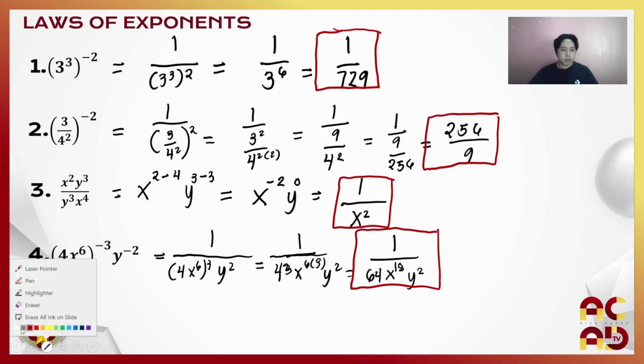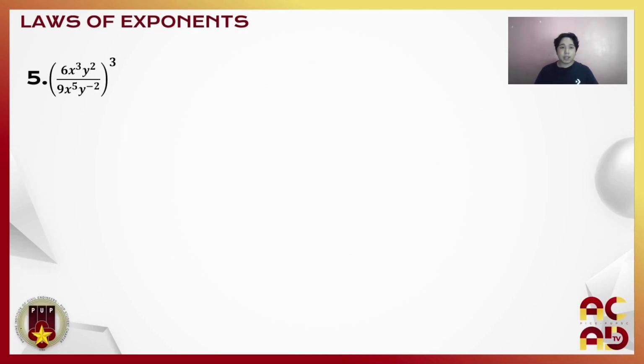Okay. Then, let's proceed to the sample problem number 5. We have 6x cubed y squared over 9x raised to 5, y raised to negative 2, quantity raised to cube. So, dito, makikita natin na pwede nating i-apply yung quotient of power.